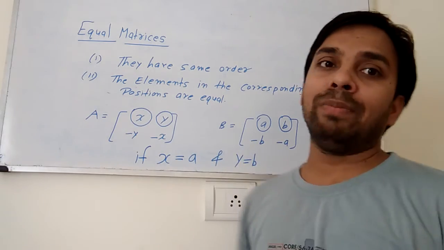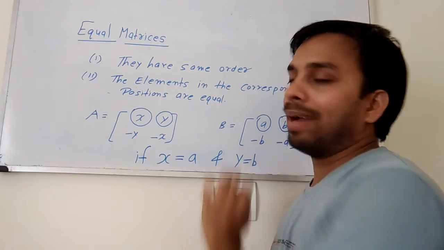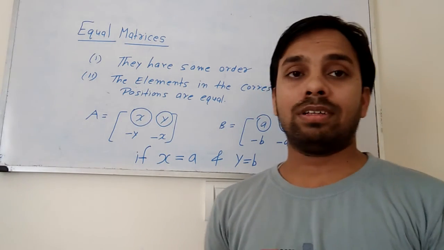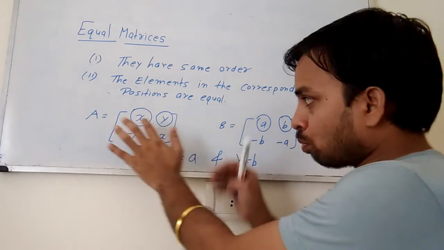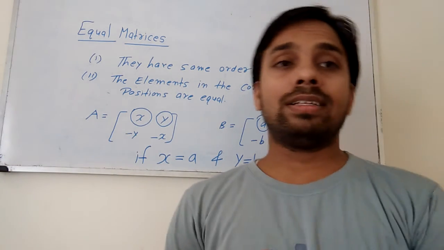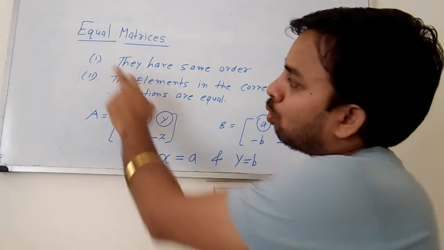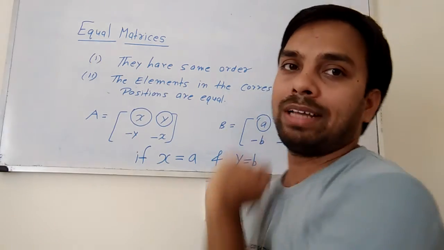These are called elements: X, Y, minus X. So the corresponding elements should be the same. So there are two conditions for equal matrices.